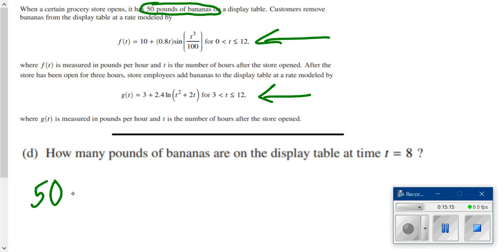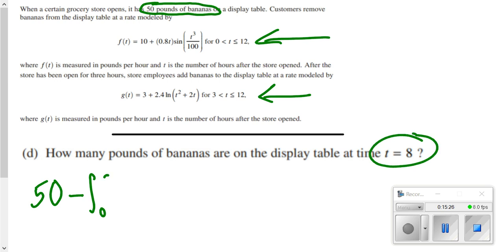Okay, so now that I got this straightened out in my head, that F is the one that's like the people taking the bananas from the time that they open until time equals 8. This is the amount of bananas that would leave. And then the people putting the bananas back on don't start until the 3rd hour.